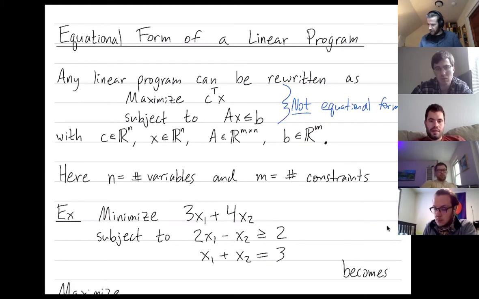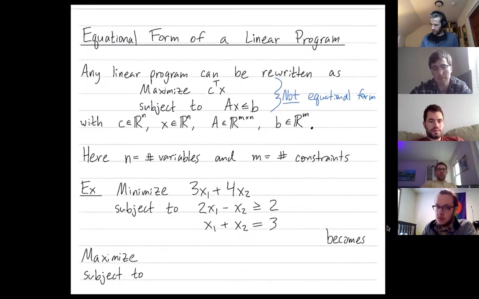So in this particular form, we want to have a maximization problem, and we want all of our constraints to be inequalities. So I have no equality constraints. Furthermore, all of our inequalities are less than or equal to's.